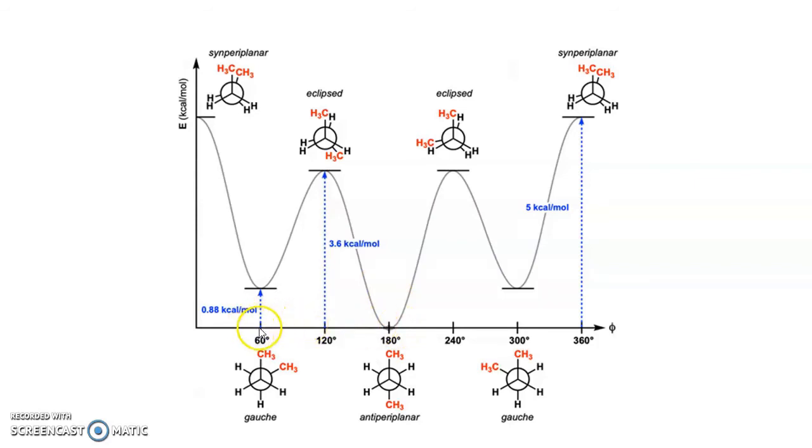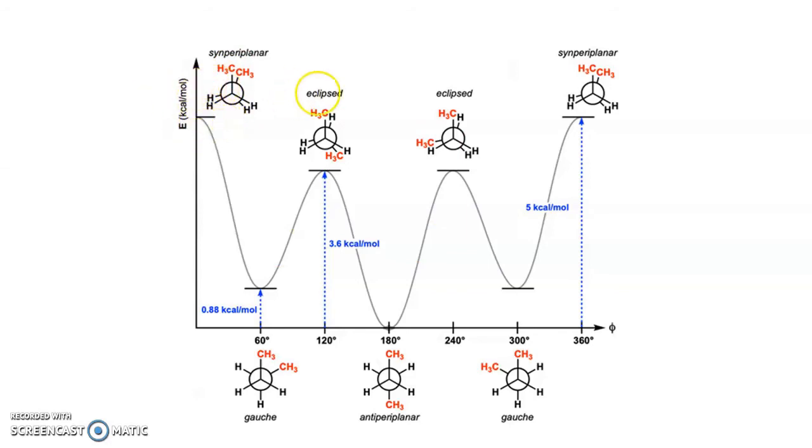Now you can see here, the highest is when the dihedral angle is 0, that is, the methyl groups are together, eclipsed with each other, that is the syn conformer or conformation. So that has the highest energy, almost 5 kilocalories per mole.